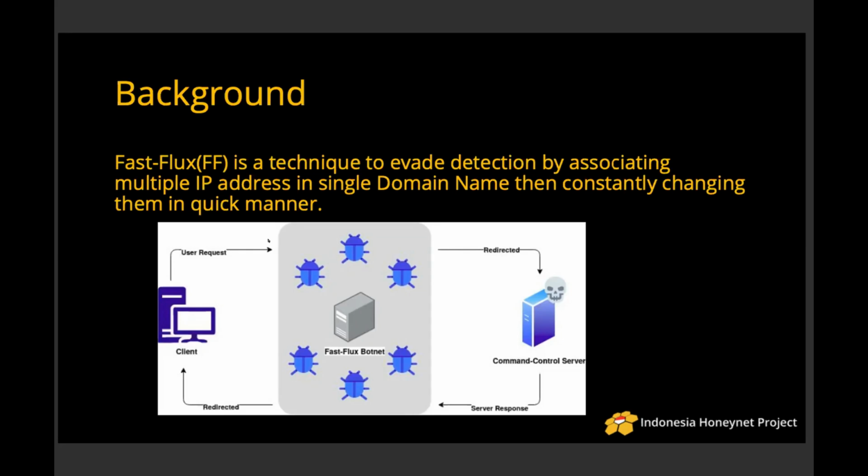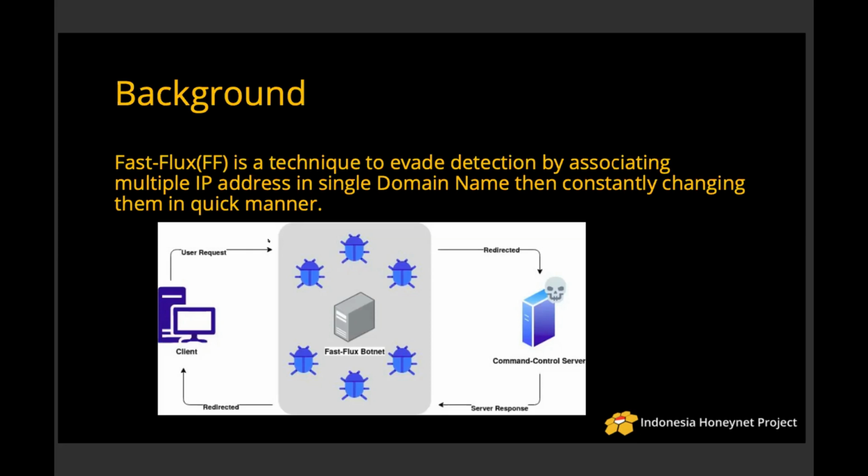How this works is similar to a proxy. Every client on the left side is redirected by the fast flux botnet to the command and control server. When the command and control server is done with all of the processing, it gives the response back to the fast flux botnet, and then the botnet redirects it to the client.